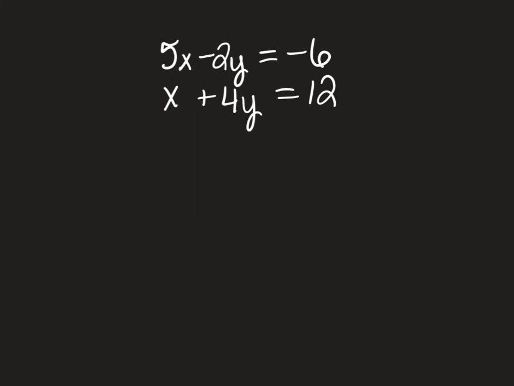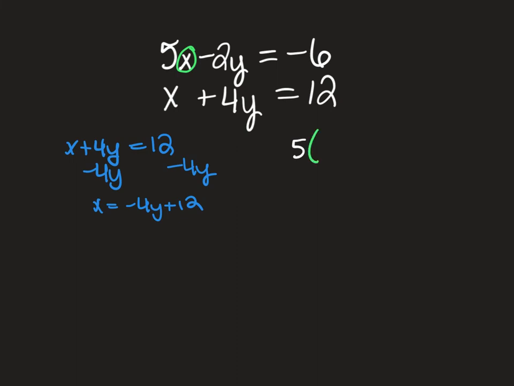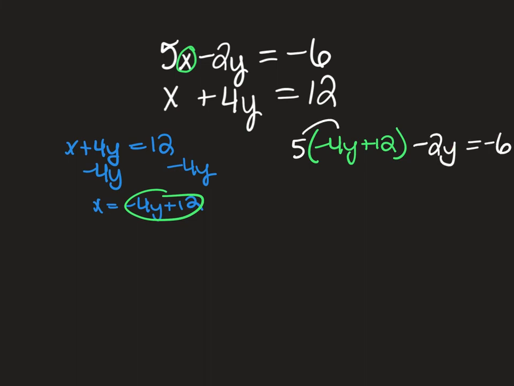All right, so solve the bottom equation for x is what I would do. So you get x plus 4y equals 12. We're going to move the 4y over. So x is negative 4y plus 12. Then we're going to plug that in for x up here. So we get 5 times negative 4y plus 12 minus 2y equals negative 6.